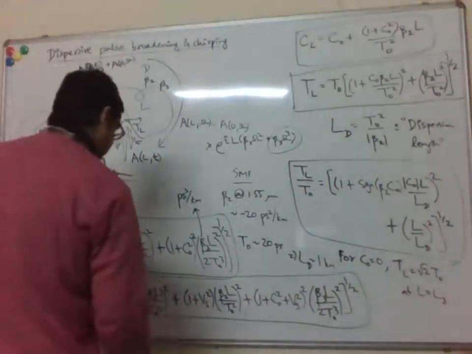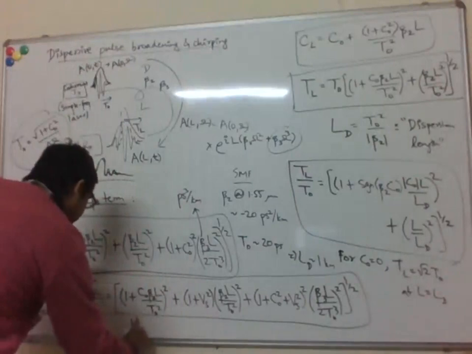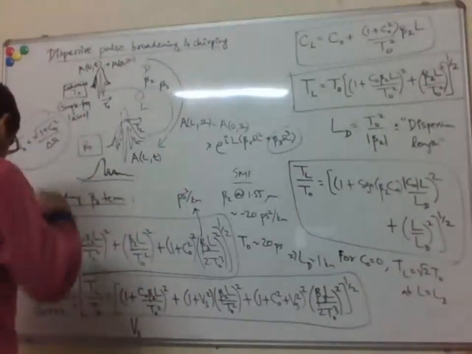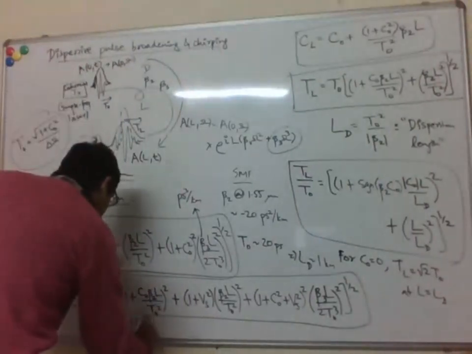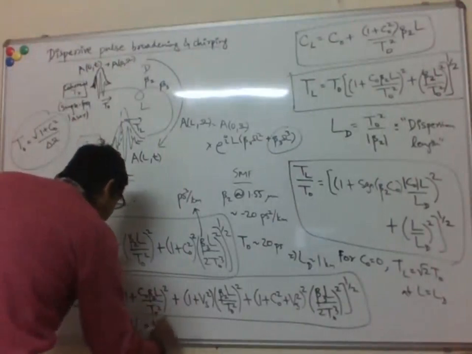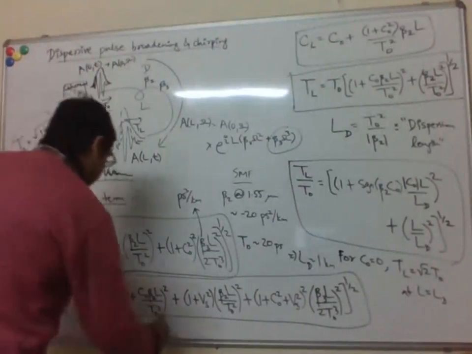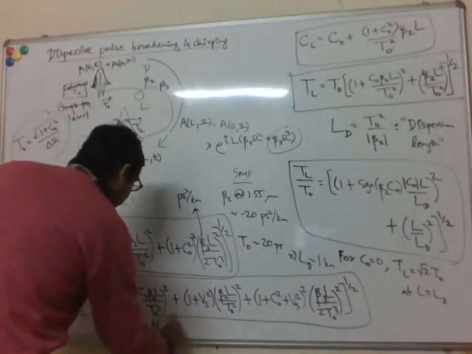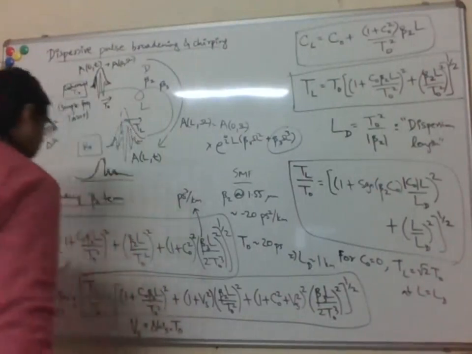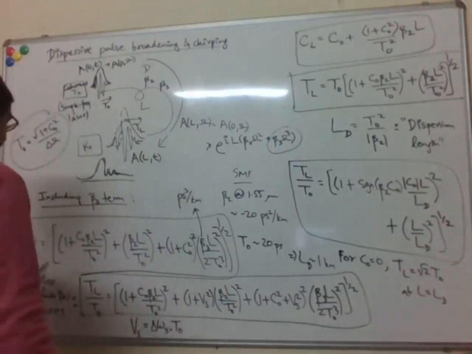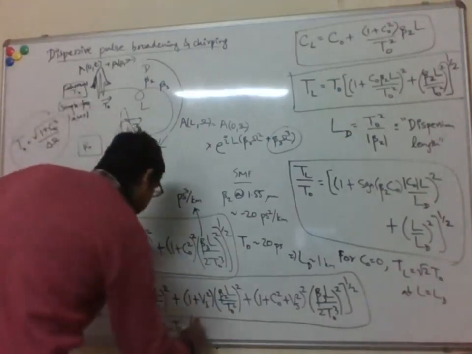Vs here is a parameter which characterizes the coherence of the source. That's the bandwidth of the source, delta omega s, multiplied by the pulse width, T naught. So this is something like the source coherence.